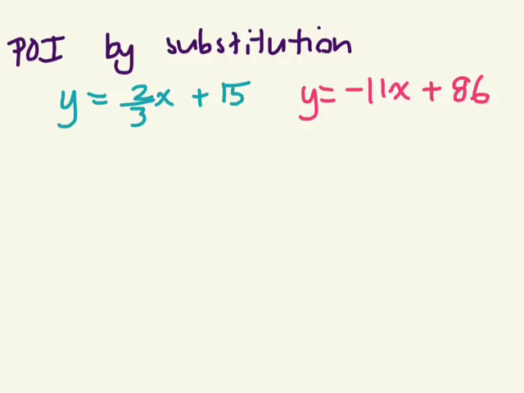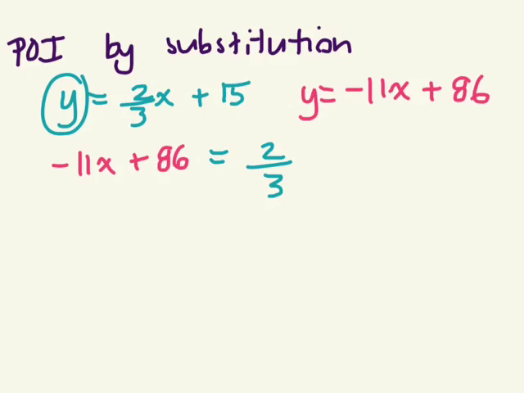Okay, so we can find where they intersect by substitution. So y equals, we're using the two equations, negative 11x plus 86. Let's replace that y value for this equation. And what are we solving for? What are we solving for now that I've replaced y? I plugged in y into the first equation, and we're solving for x.